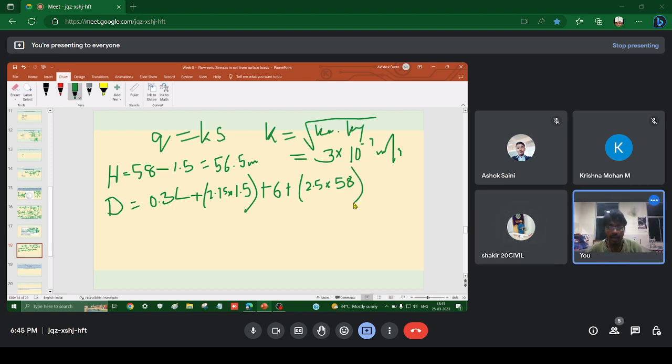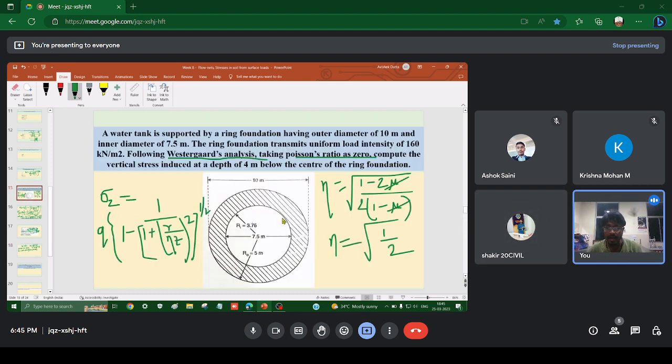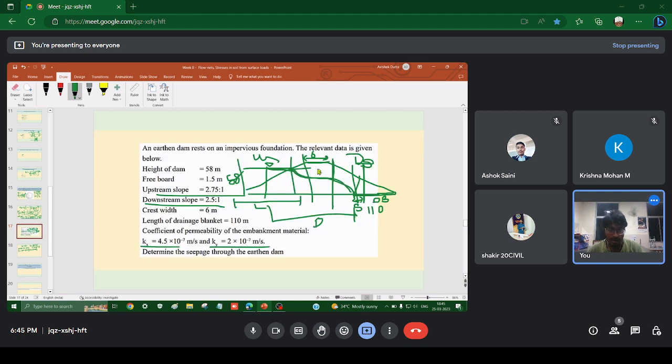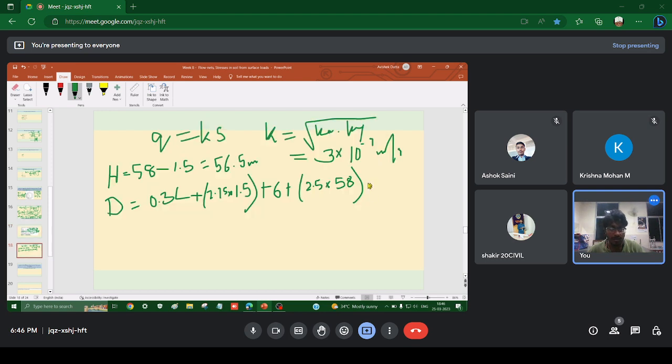Then I have to subtract the drainage blanket, because I have to calculate till the beginning of the blanket.